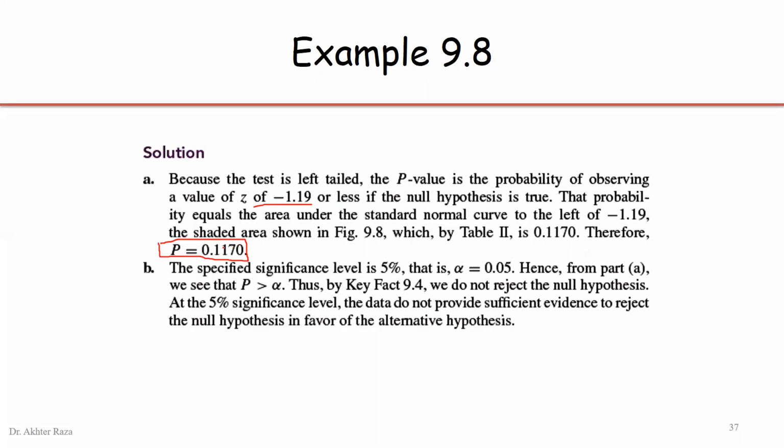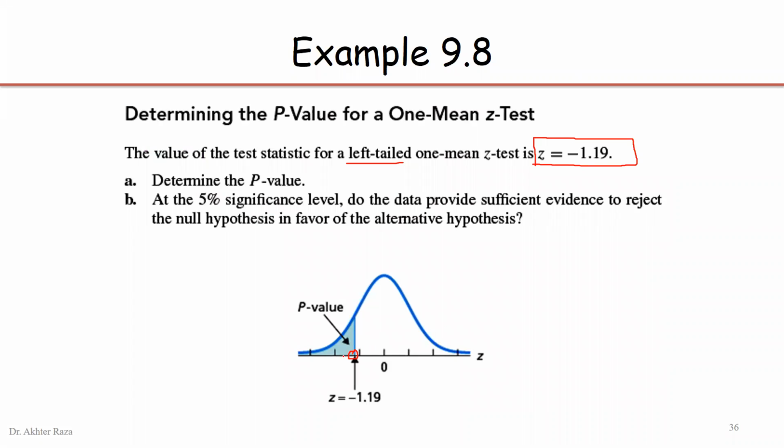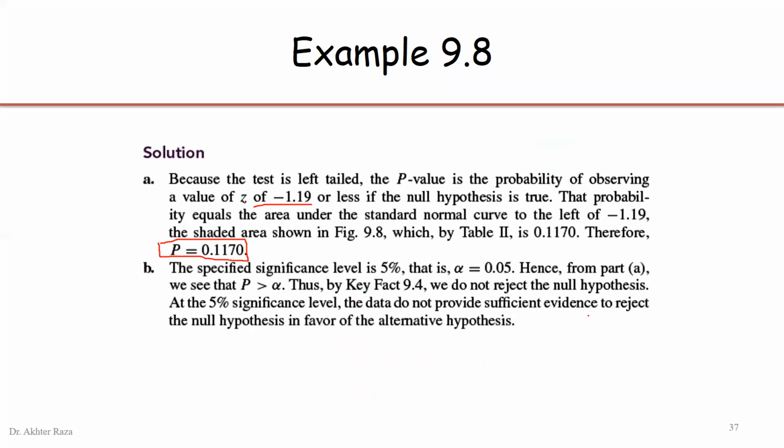This is the p-value. The region is the left region. As you already know, the table will give us the region which is smaller than a specific number because it is a cumulative table. If we are looking at this number, the p-value will be this; if we are looking at this number, the p-value will be this, and so on. So that table provides us the left-hand area, not the right-hand area.